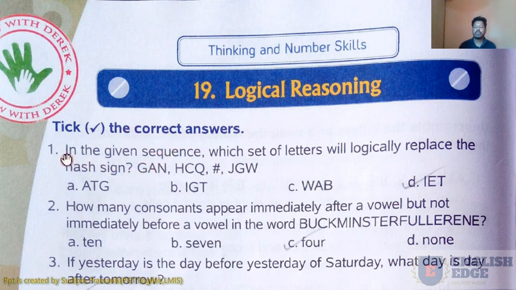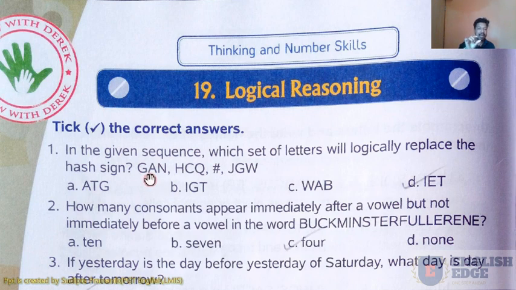The first question is: in the given sequence, which set of letters will logically replace the hash sign? Here are the sets: GAN, HCQ, hash, and then JGW. If you look minutely, you will see there is an inner connection between these sets of letters.